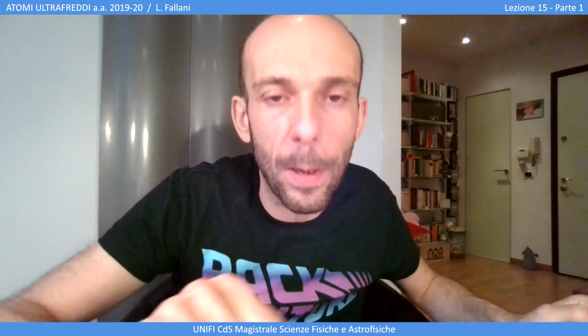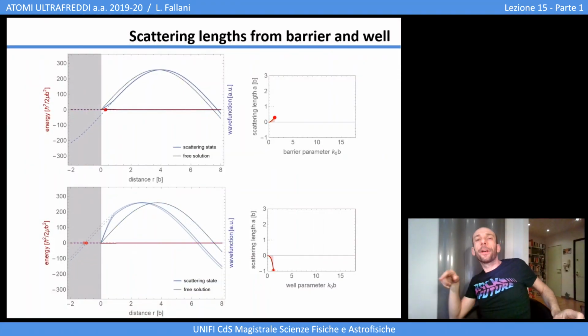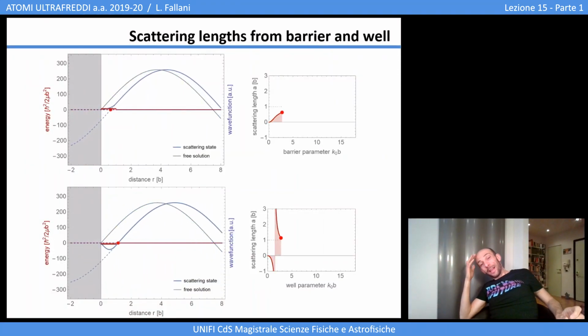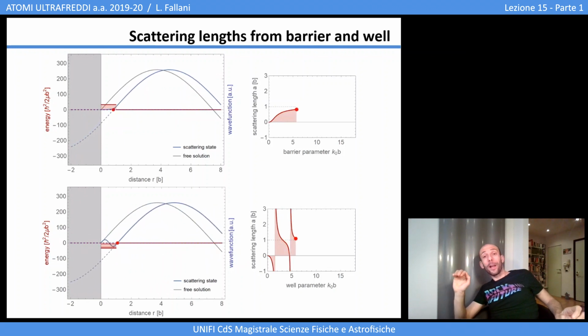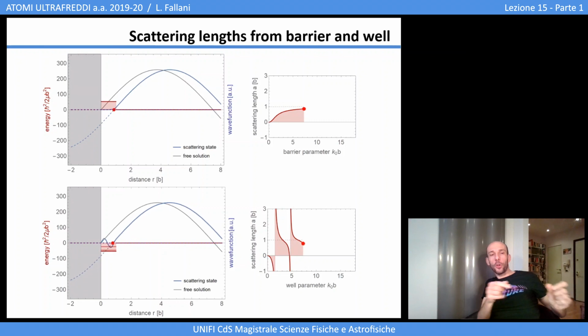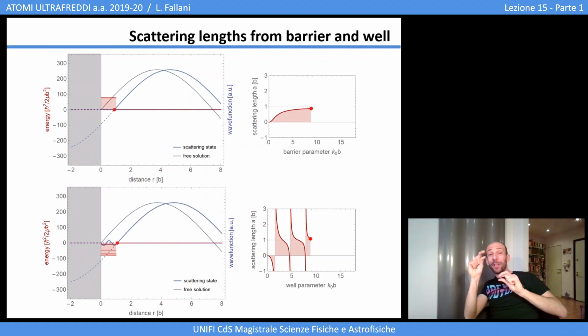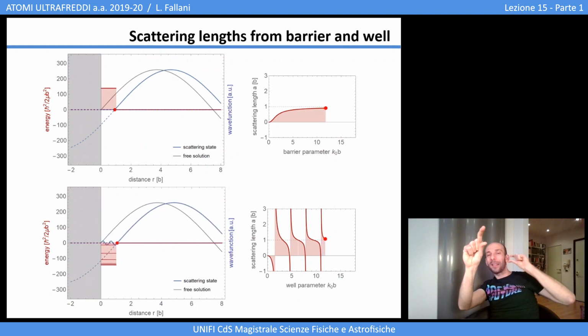And so I can conclude this part by showing to you in the same slide the result for the potential well and for the potential barrier. I'm showing again the same results here for the potential barrier and for the potential well. In particular, as the movie goes on, you have the same height of the optical barrier as depth of the well.